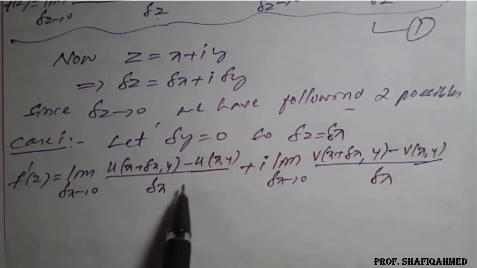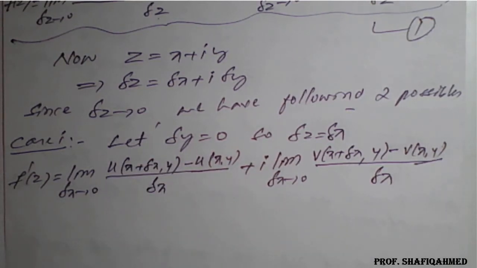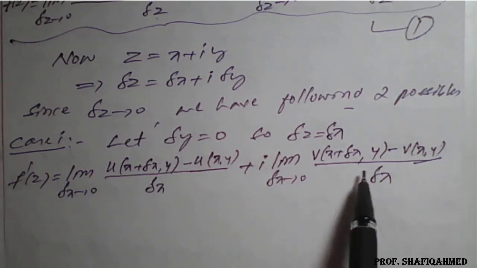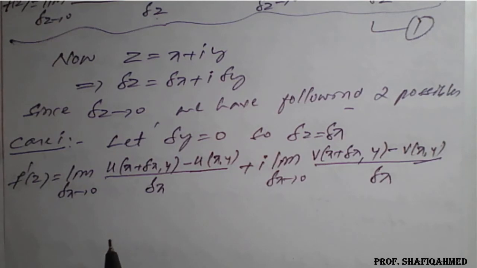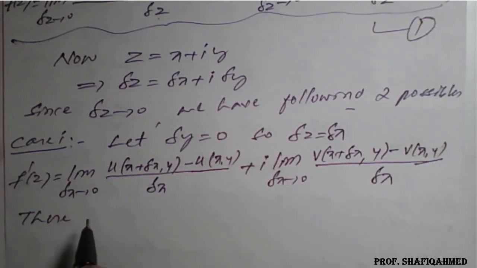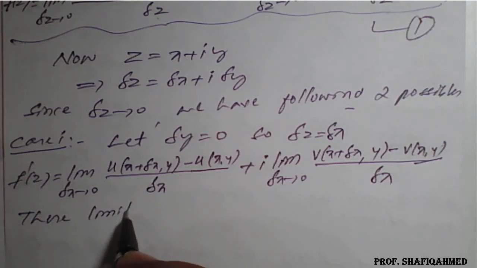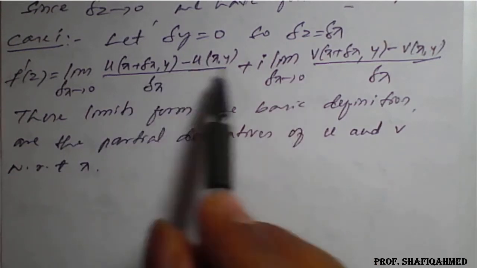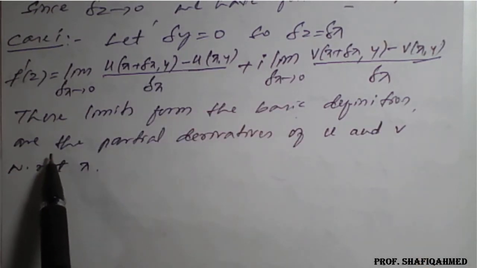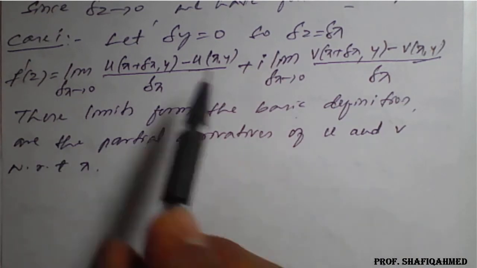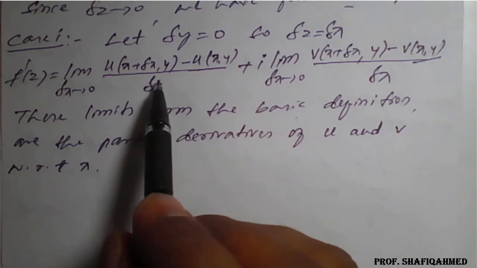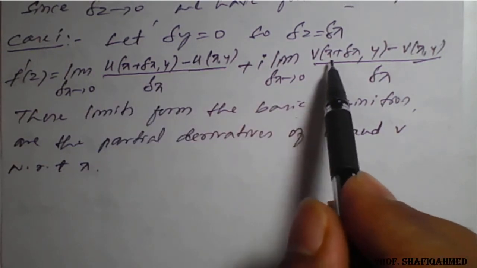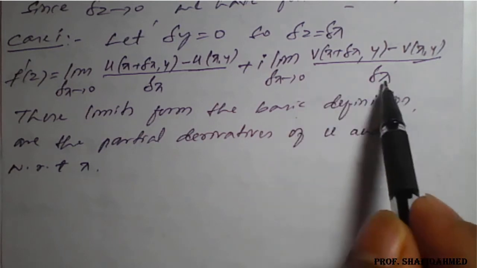So we'll rearrange all these things now. This is the first limit and the second limit. These limits are nothing but the basic definitions of the partial derivatives of u and v with respect to x. So this is the partial derivative of function u with respect to x, and this is the partial derivative of function v with respect to x.